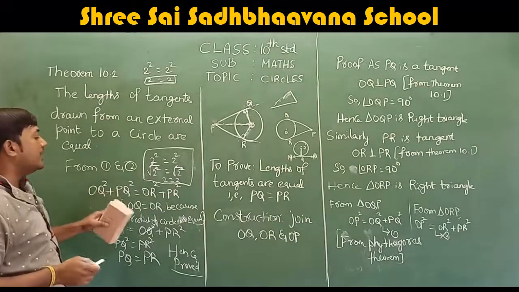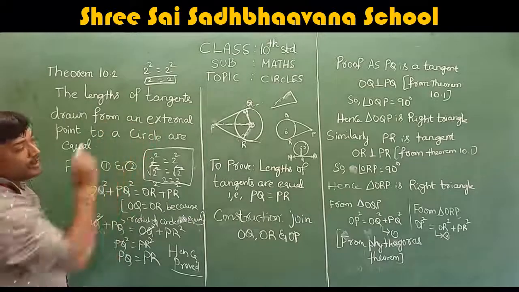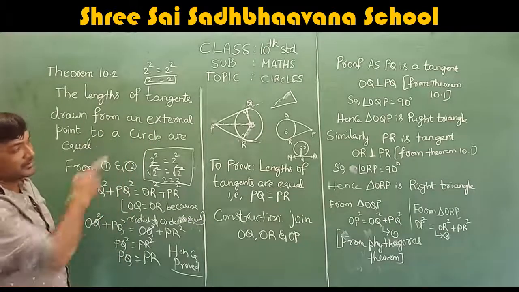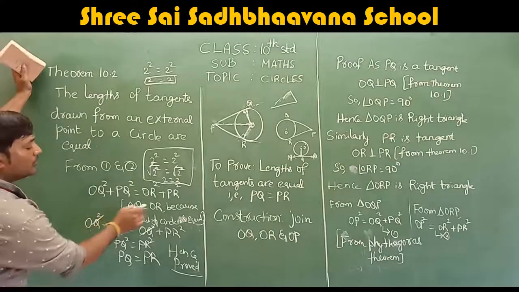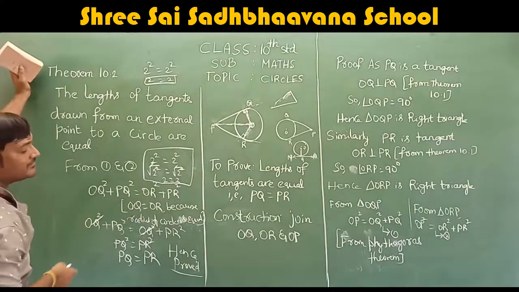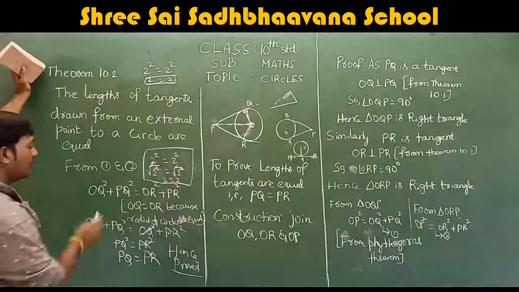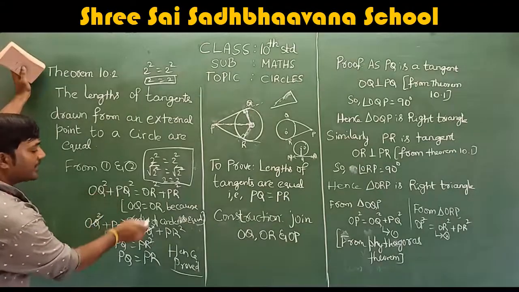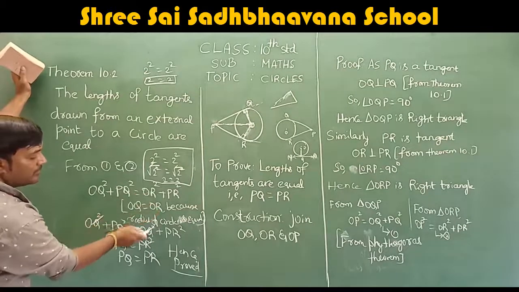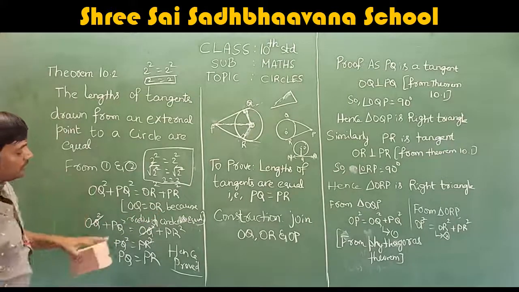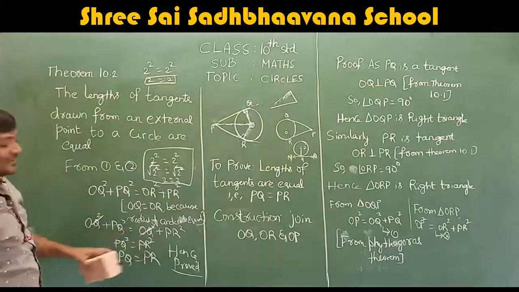Correct. And as we know, OQ and OR both are the radius of the circle with center O. So can I write OQ is equal to OR, because radius of the circle is always equal. In the place of OR, I can substitute OQ because both are equal. So OQ square will get cancelled.